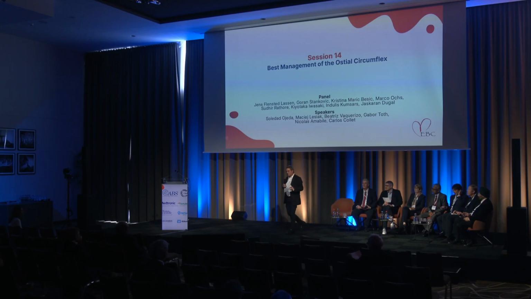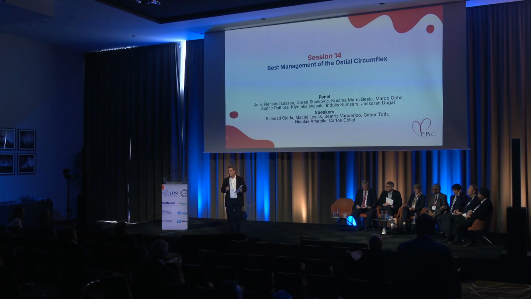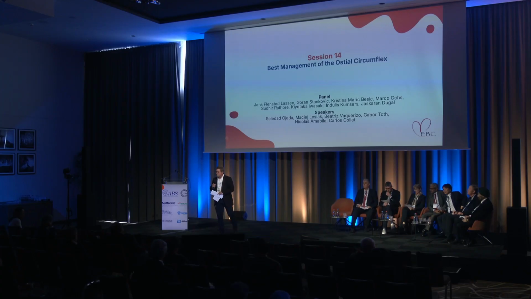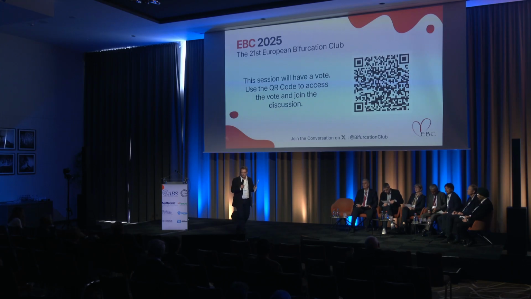What we're doing today is trying to amalgamate all the information we have had around ostial side branch treatment. In this case, best management of the ostial circ. You have heard a lot of discussions during the 2 days around ostial treatment: nail the ostium, stent across, stent over, DCB here and there, a lot of information.